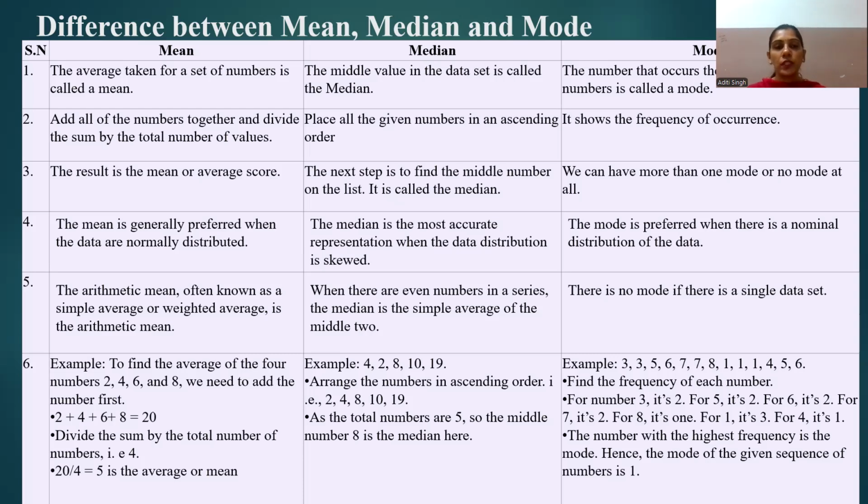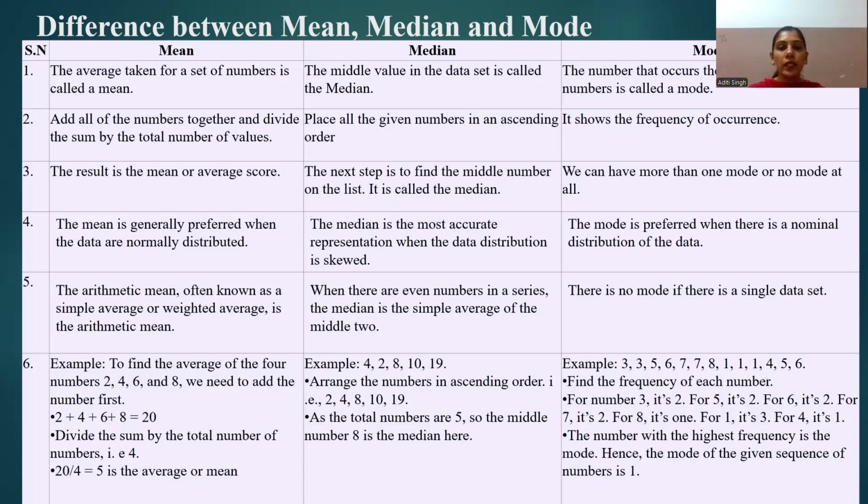If we have to know the types of calculating mean, there are three types: arithmetic mean, simple mean, and weighted average mean. Till now we have studied the calculation of arithmetic mean. We often use arithmetic mean while doing the calculation for a given series, and it is also known as simple average mean and weighted average mean.